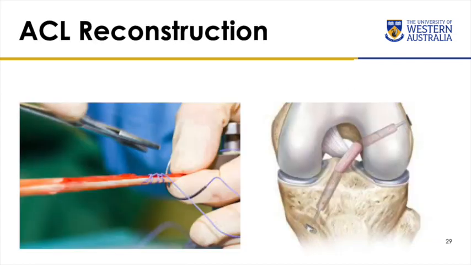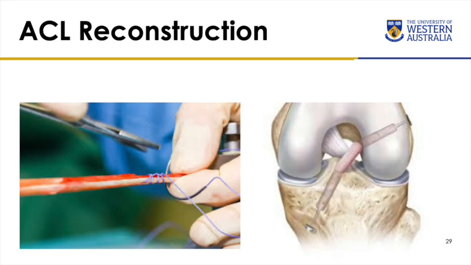The surgical treatment is ACL reconstruction. This is done arthroscopically, most commonly using hamstring tendon autograft harvesting, as pictured here on the left. Other graft choices commonly used are the patella tendon and, to a lesser extent, quadriceps tendon.